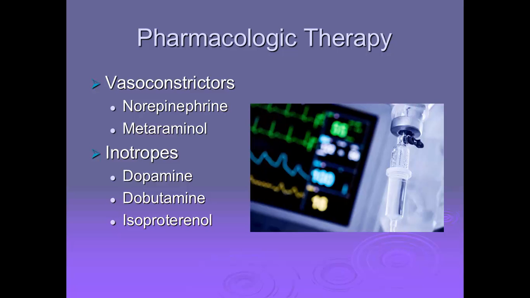Norepinephrine, which is also Levophed, and metaraminol are examples of vasoconstrictors. Your inotropes will help improve cardiac contractility. Dopamine, dobutamine, and isoproterenol are examples of that.